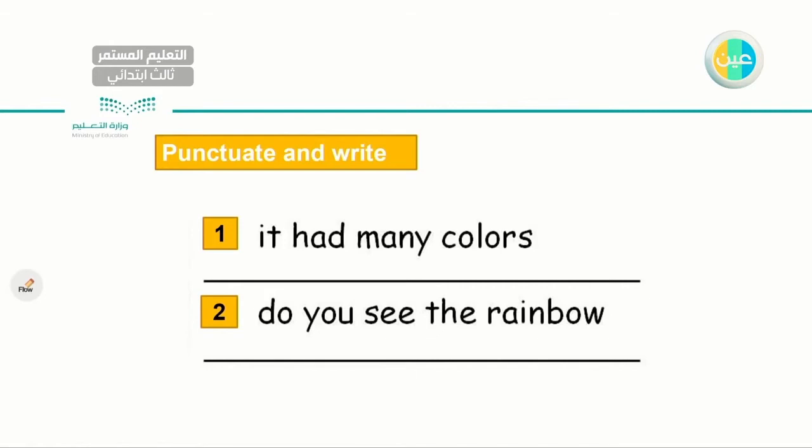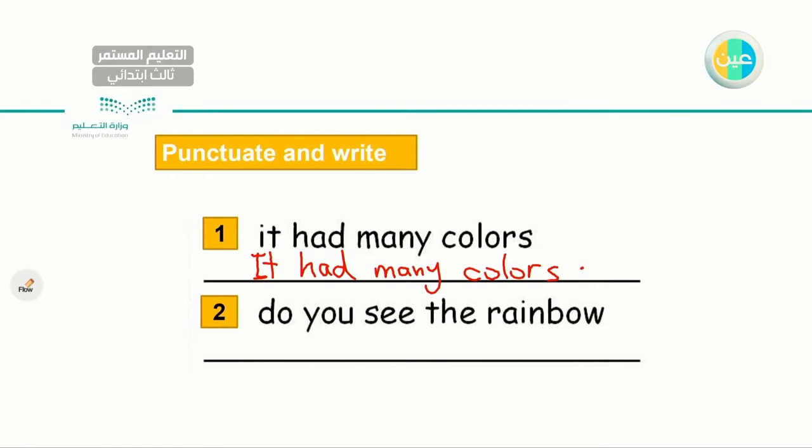And here I have a small letter, so I should write it. Very good. It had many colors. Something is missing. Also, I should end the sentence. Question mark or full stop? It's a full stop. So here I have a capital letter and a full stop.